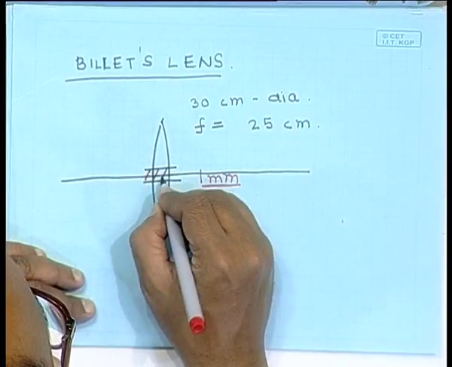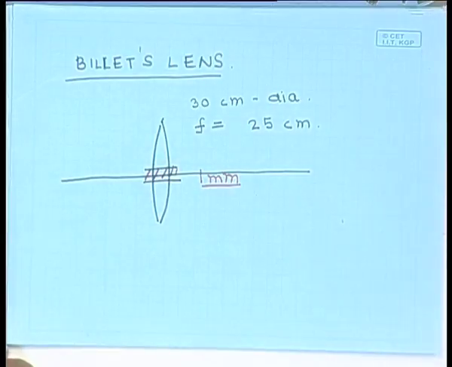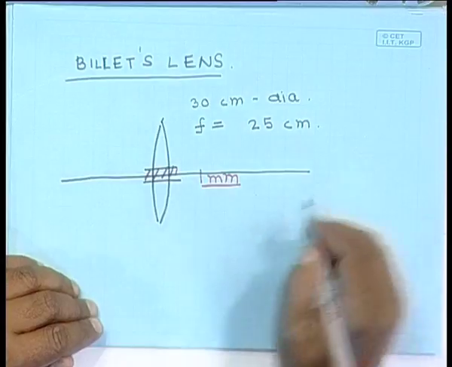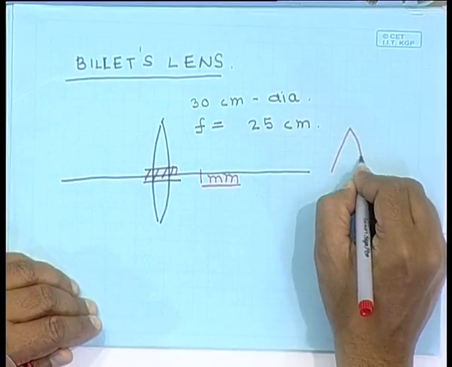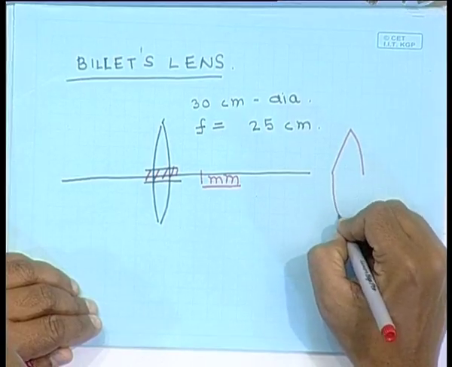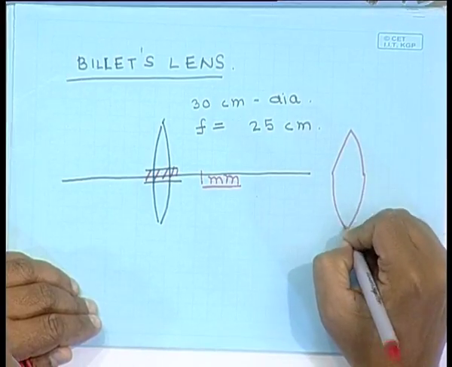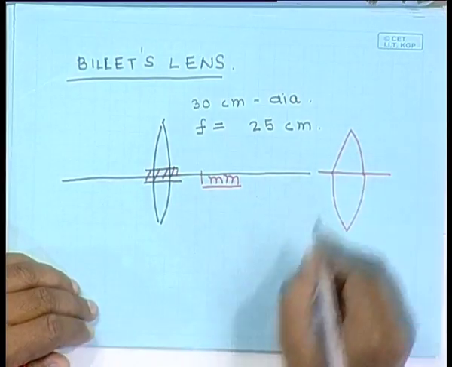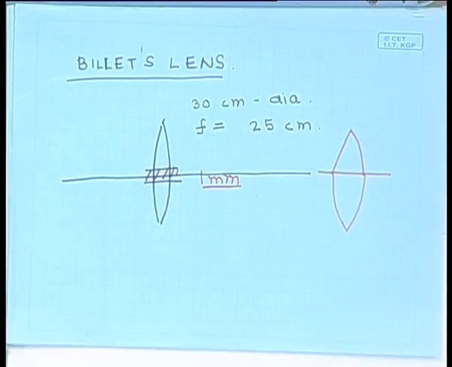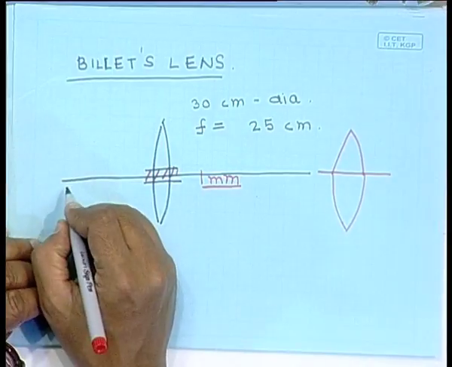So, this part of the lens is cut out, and the 2 remaining bits of the lens are again joined. So, what we have is something which looks like this. These are now joined. So, 1 millimeter from the center is cut out and these 2 parts of the lens are joined.